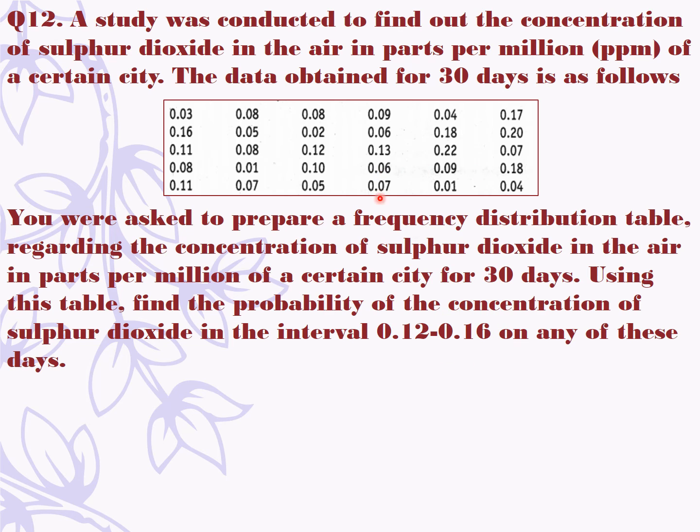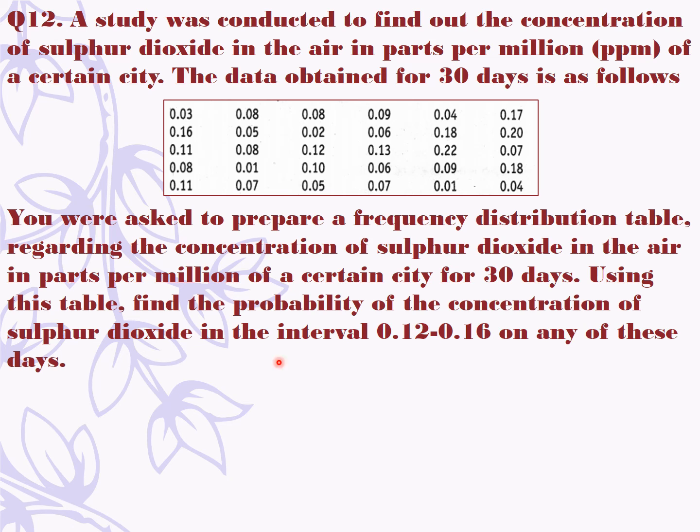So in this data, if we find 0.12, we will count that as one data point which lies in this range, but 0.16 does not lie in this range. That means 0.12, the lower limit, will be included in this interval, but 0.16, the upper limit, will not be included. So if we get these values, we have to calculate likewise.